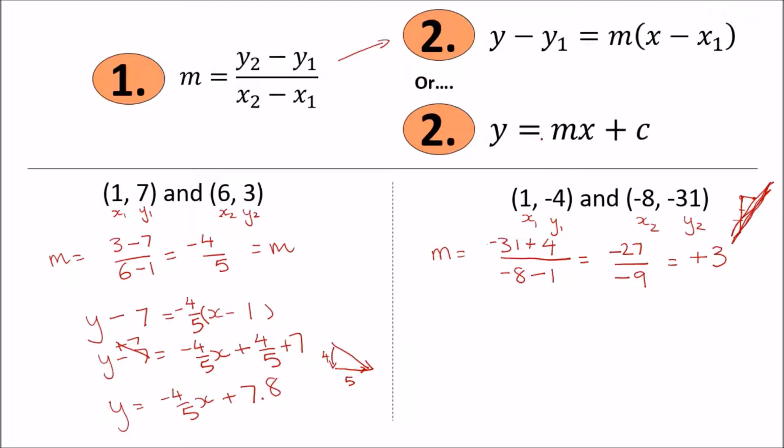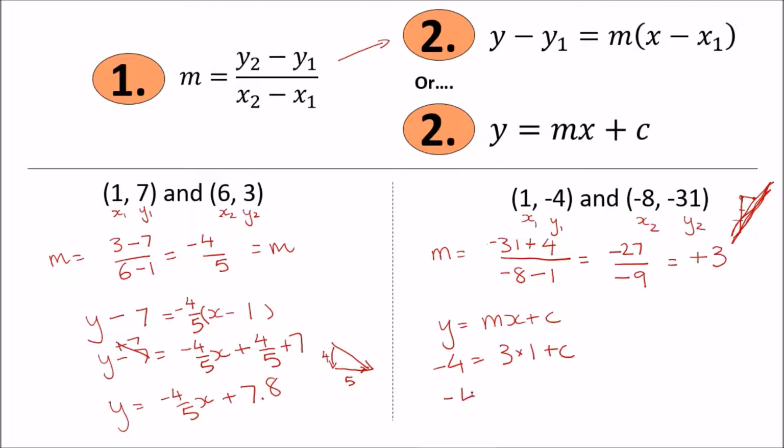Okay, now we're going to use y equals mx plus c. So we'll put in one of these coordinates here for y, so we'll put in the negative 4 equals, we just worked out our gradient was 3, x is 1, so 3 times 1, plus c. We're solving for c here.